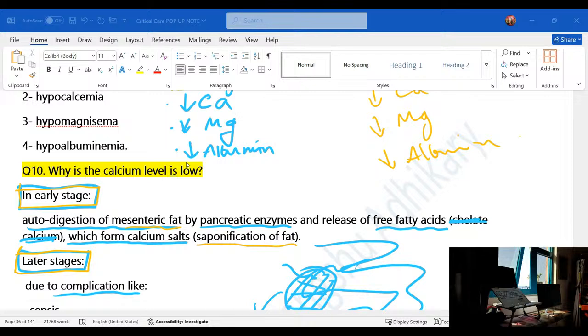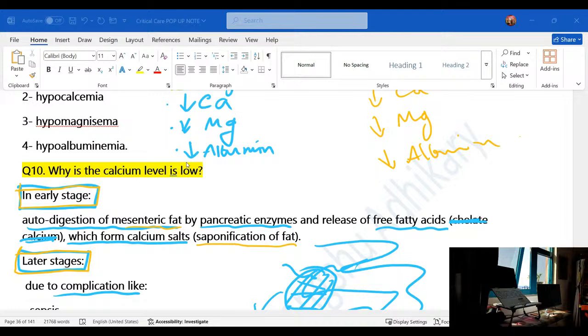The free fatty acid binds with the calcium and causes saponification of the fat, so it reduces the calcium again.